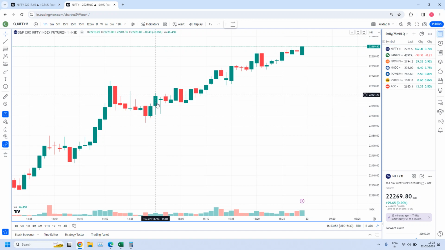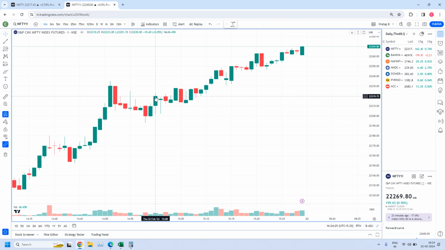Okay, somewhere here, this is the next candle. I am seeing the wrong candle. This is the one, the 3 o'clock candle. Somewhere at the close of this candle, the price is 22,119.75. Let us give a rounded value, 22,220.